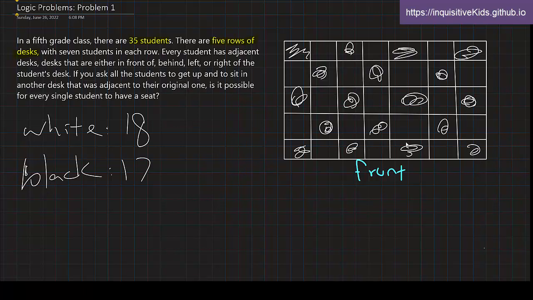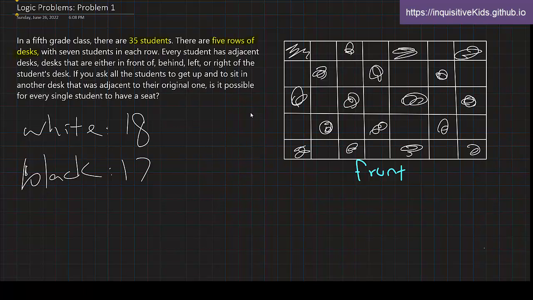Now we can turn this question into something simpler, easier for us to visualize. We're asking if we can switch all of the students who are currently sitting in a white desk with the students who are all currently sitting in a black desk.